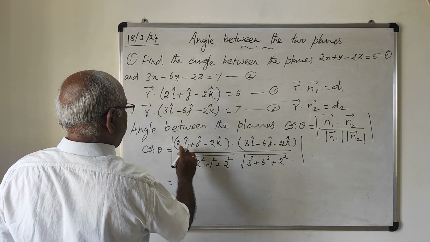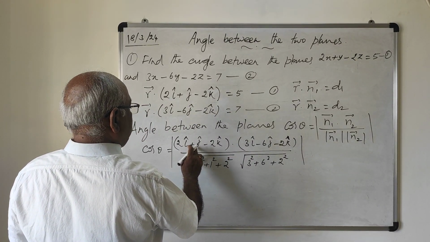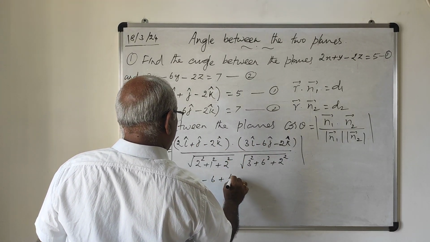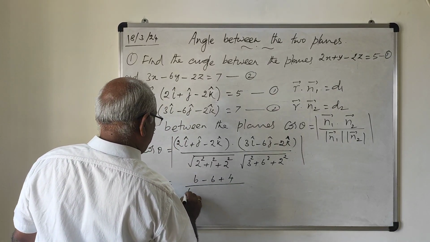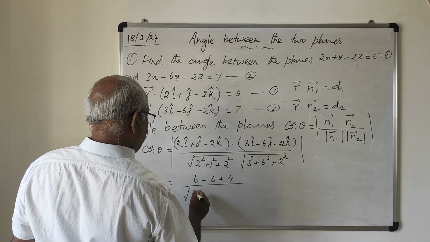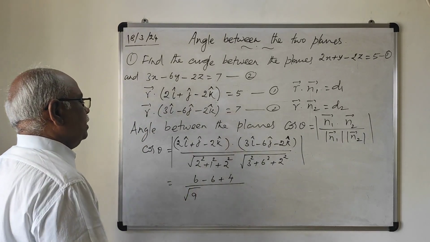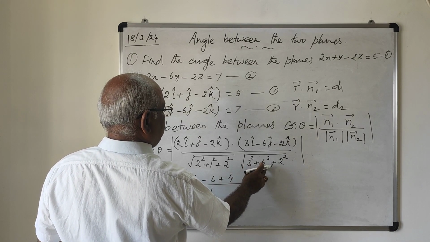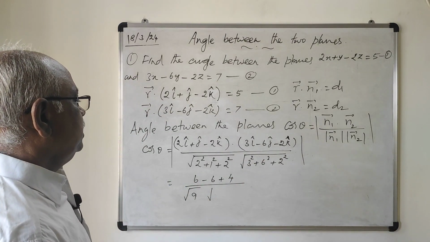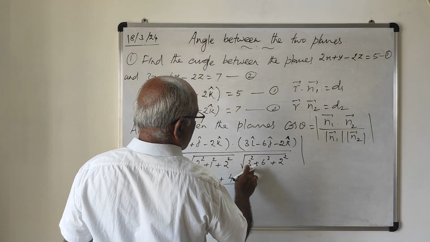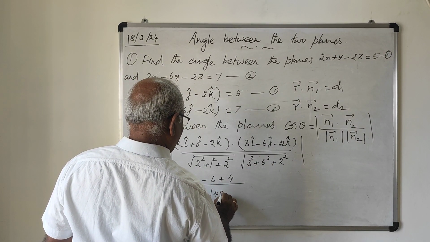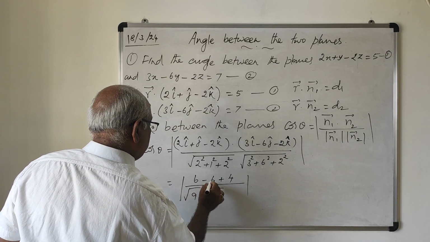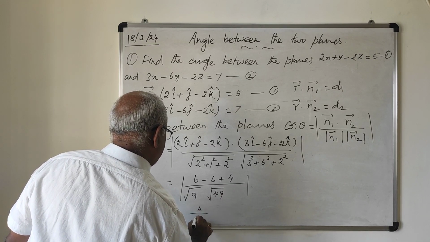So the numerator is i dot i, 2 threes are 6, j dot j, minus 6, and minus plus 2 twos are 4, by root of 4 plus 1 plus 4, which is 9, and 9 plus 36 plus 4, which is 49. So this is equal to 4 by 3 into 7.